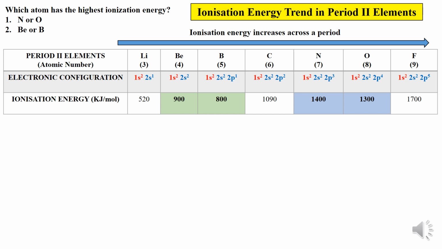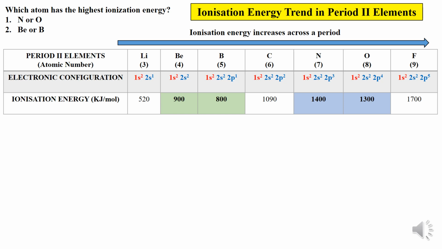So you can see the energy has to increase as per the general trend. The ionization energy has to increase from left to right, but you can see that beryllium is 900 as compared to boron with 800 kilojoules per mole. This is the first ionization energy. So why is that? Let's see. And even in case of nitrogen and oxygen, oxygen should require more energy, but it is the other way around.